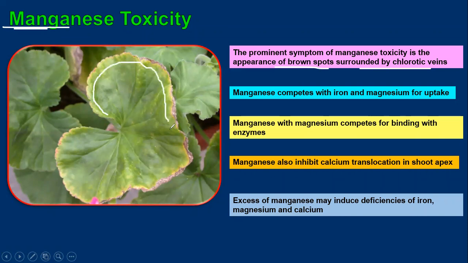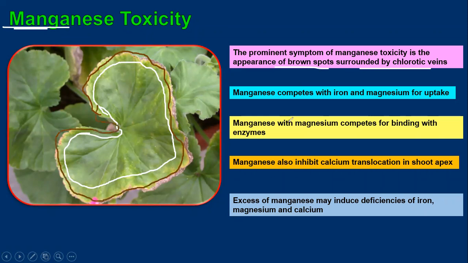Look, all these areas I am marking with white are yellow in color, right? And they are surrounded by brown. So brown spots surrounded by chlorotic veins.